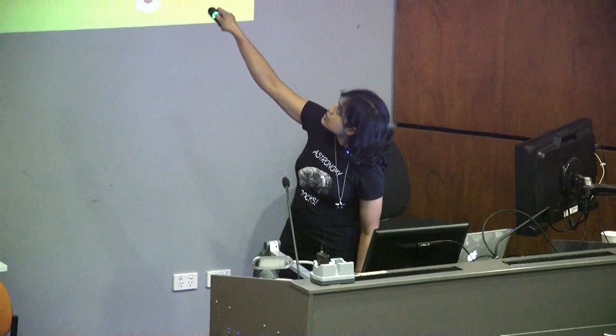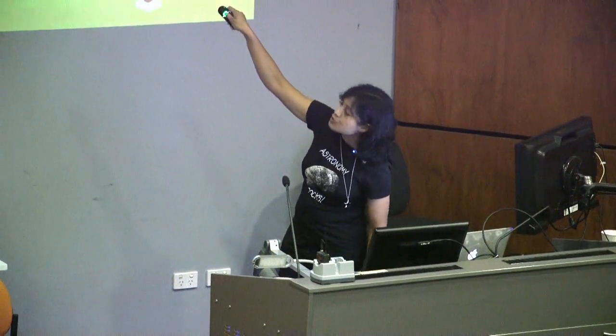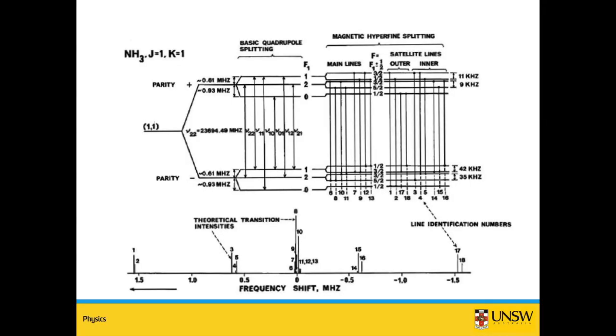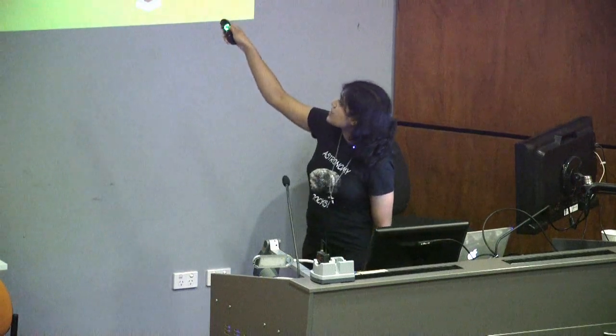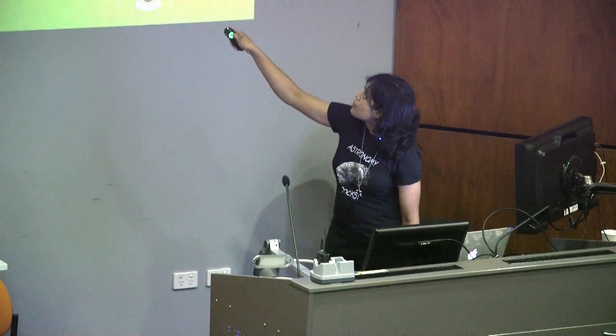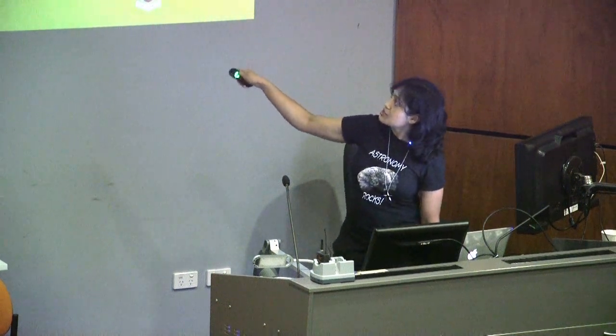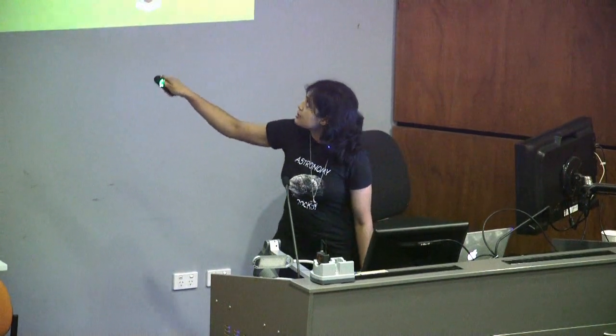If you look at 1 to 1, 2 to 2, 0 to 0, all this splitting together, all those frequencies together make the main line, the main component of ammonia. And these are called inner satellites. These 2 are called outer satellites. Those outer and inner satellites you get from all the other level jumping, so they are numbered here.